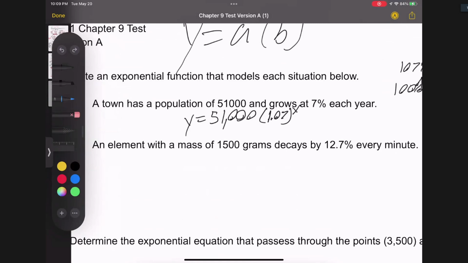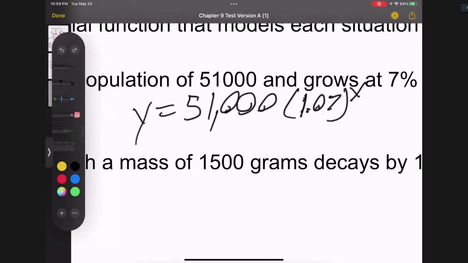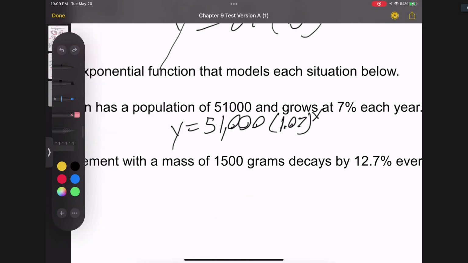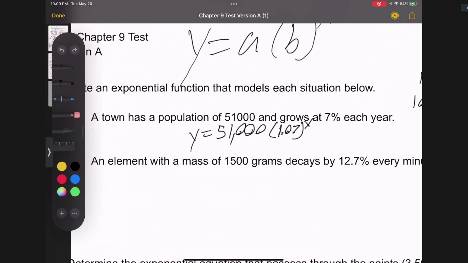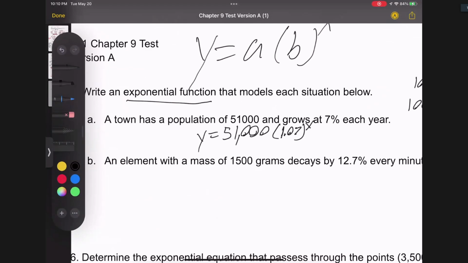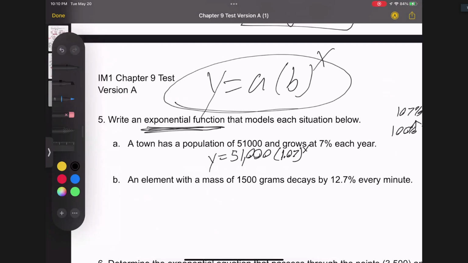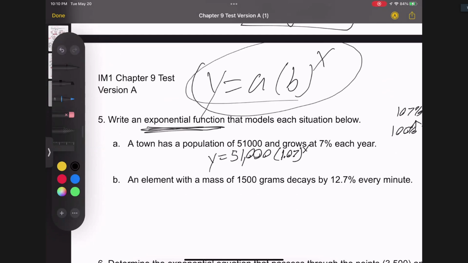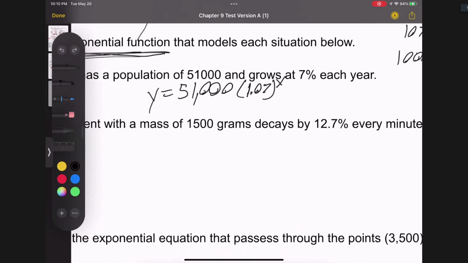So if you want to write down the exponential function, it needs to be an equation. This is your exponential function, this whole thing that I just circled right there. So please make sure that you write down the equation. Don't want you to lose points.